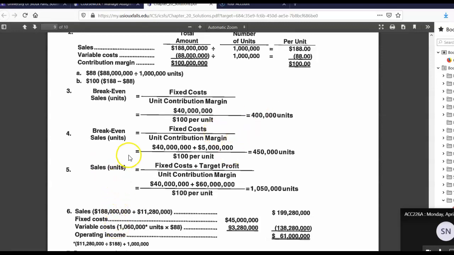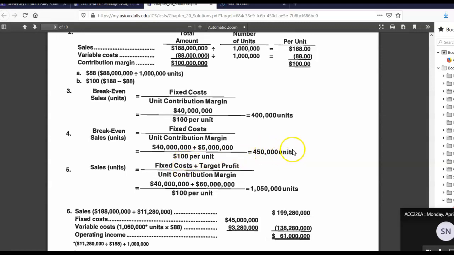So we're going to take our original 40 plus the expansion, and it said in the very last sentence of that paragraph, but it will not affect the relationship between sales and variable costs.